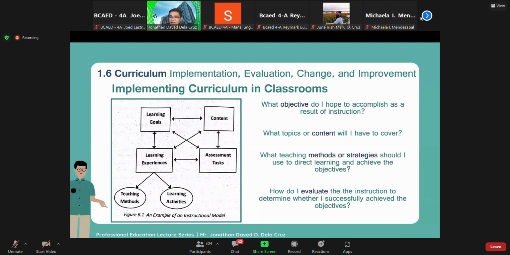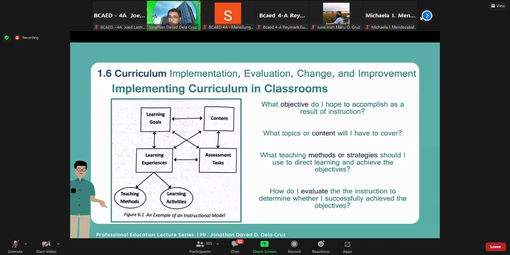So dapat maganda din ang strategy mo or method mo as a teacher. And of course, you have to prepare an appropriate evaluation on the basis of your objective and content. Kung sinabi mo sa objective ay identify, identification ang activity. Determine, determination yung activity. Calculate, calculation yung activity natin. Okay?